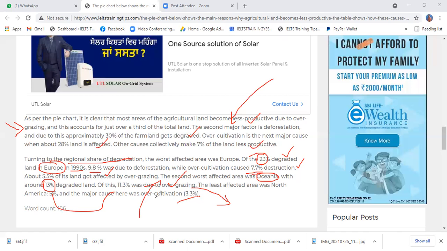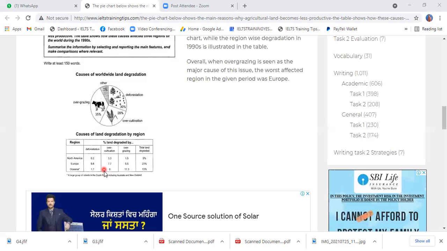When it came to North America, overcultivation was the only thing mentioned. Even though we have other areas to mention, we have selected something here. Europe, we have mentioned all three. North America, this thing. Oceania, this thing. Around four items I have skipped, because they are not that important.